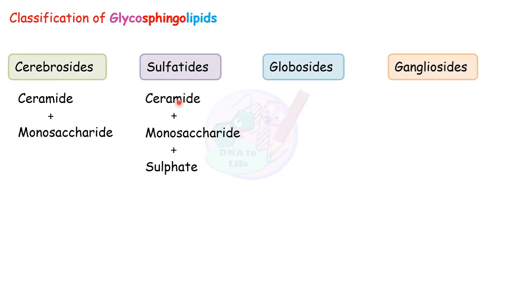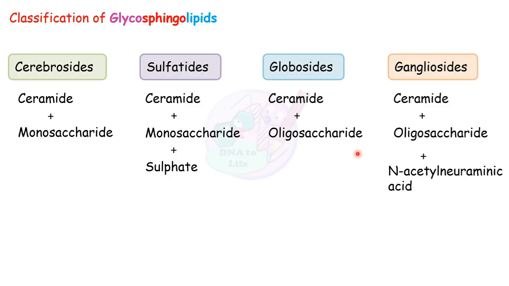They are made up of ceramide, monosaccharide, and one more additional group, sulfate. In globoside, the sugar molecule is an oligosaccharide, and in ganglioside the sugar molecule is an oligosaccharide, and one more additional group is present, that is N-acetylneuraminic acid.